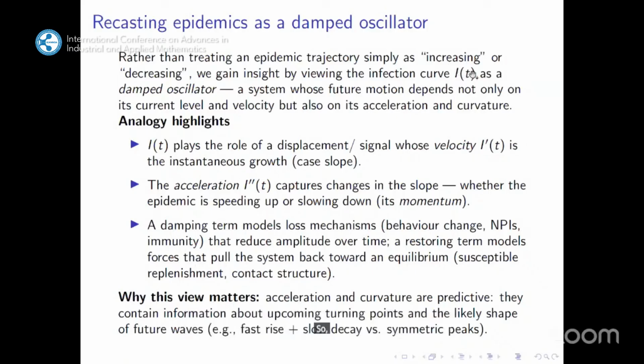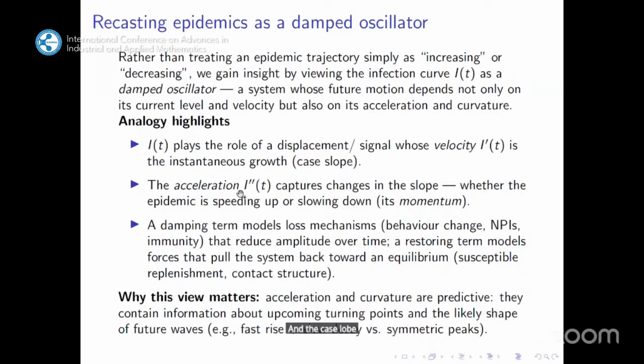So we treat this I(t) as a damped oscillator, a system whose future motion depends not only on its current level and velocity, but also on its acceleration and curvature. So the highlight is that I(t) plays the role of a displacement. Velocity signals the instantaneous growth and case slope.